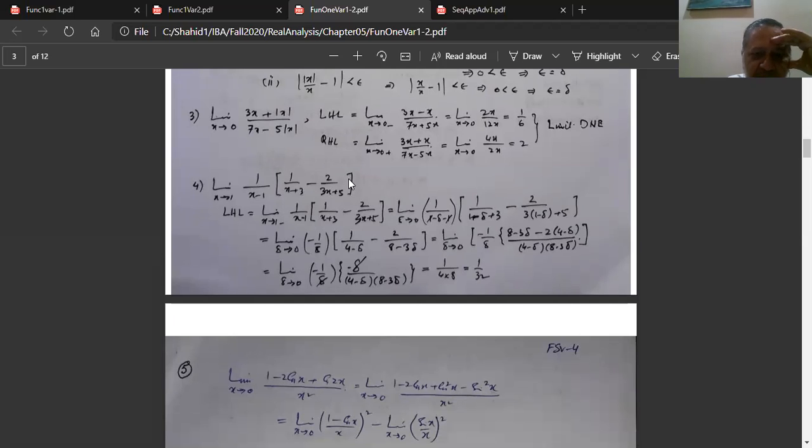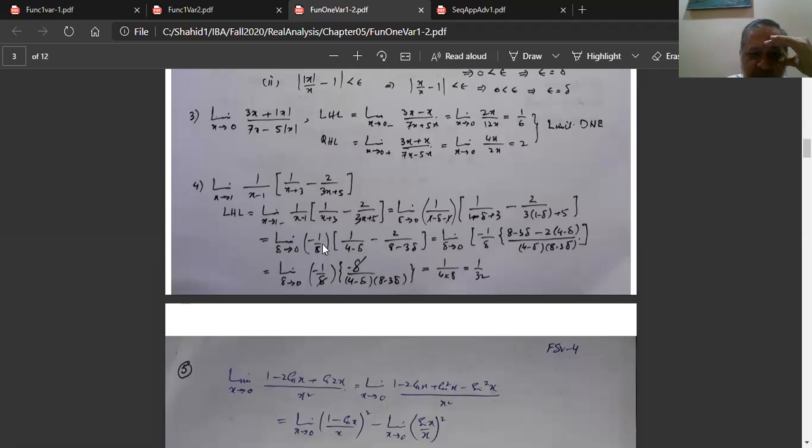Limit for this expression, and it is no trouble, and the left hand limit comes out to be 1 by 32. And I hope you can evaluate the right hand limit by replacing. Whenever we evaluate limit x approaches 1 from left side, we replace x by 1 minus delta and evaluate the limit.